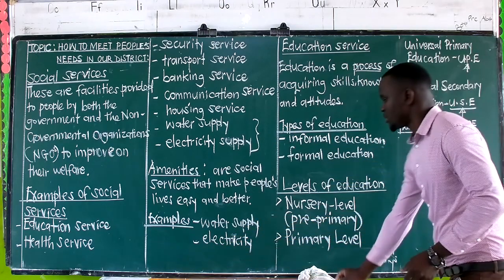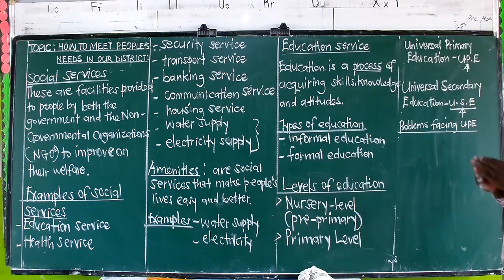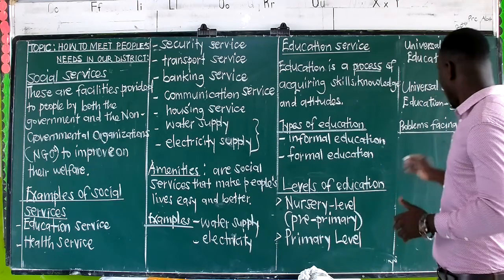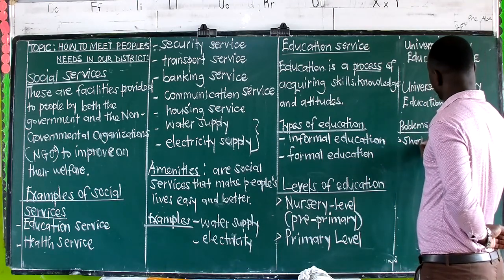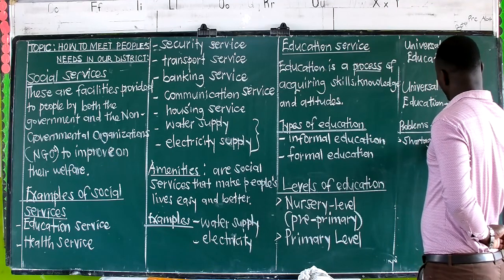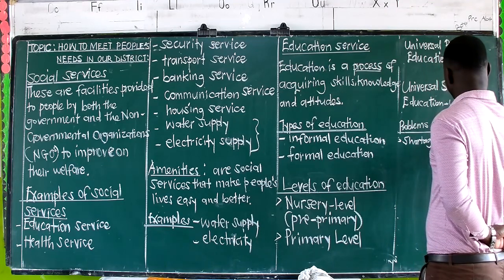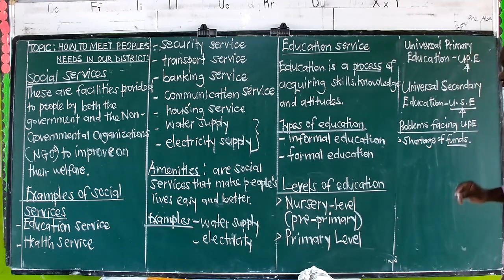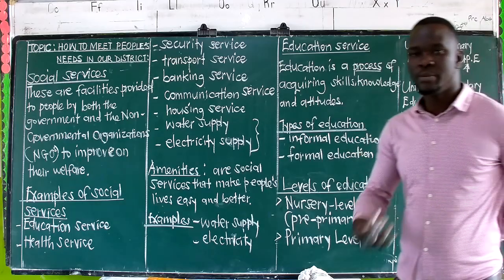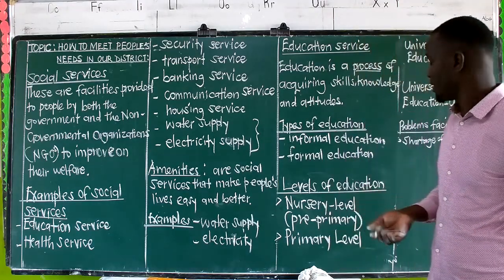Now, when we talk about problems facing UPE, we look at a variety of challenges ranging from shortage of funds. Remember, this program is funded by the government. So sometimes you'll find that the government does not have enough money to support the UPE program. It brings what we call shortage of funds.